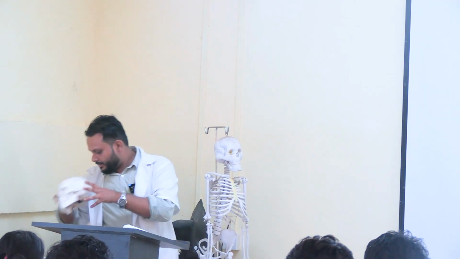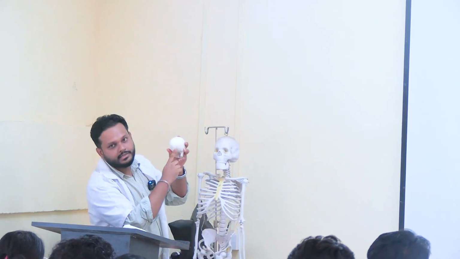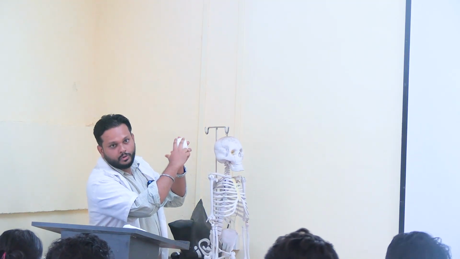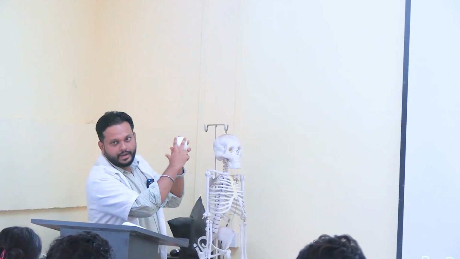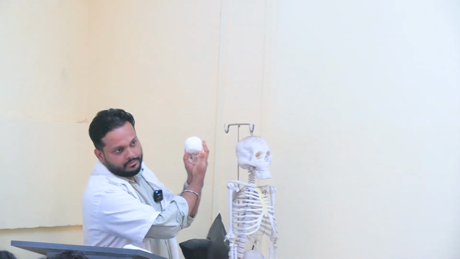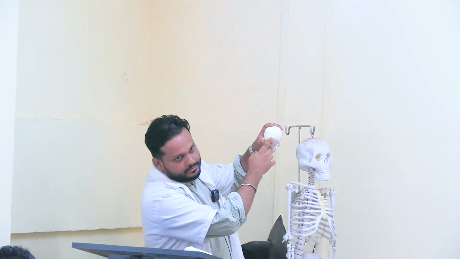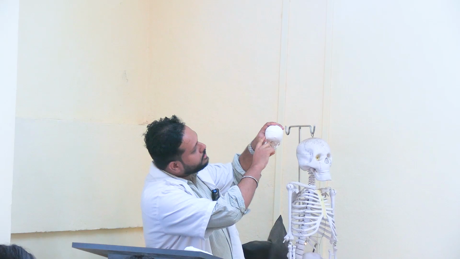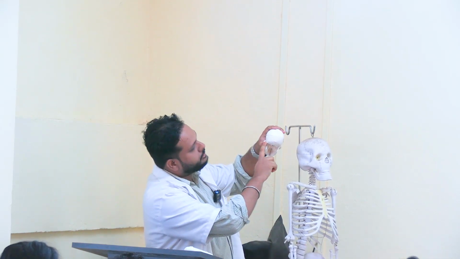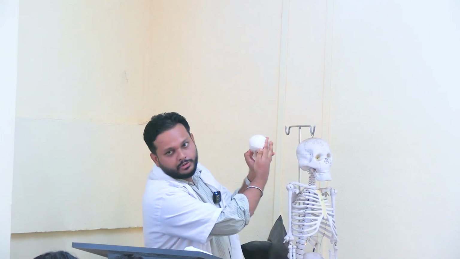Okay? Now see this specimen. Which bone is this? Occipital. These two are parietal, and these two are the mastoid part of temporal. Okay? So which suture should this one be? Occipitomastoid. Which suture should this one be? Parietal. Here will be the location of mastoid foramen.